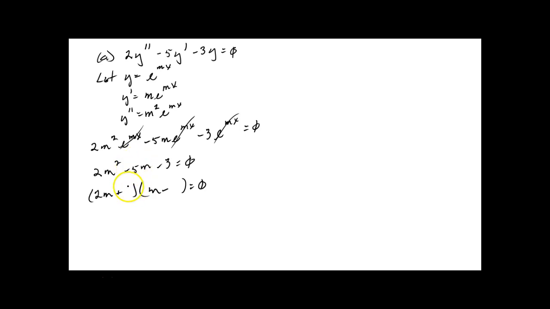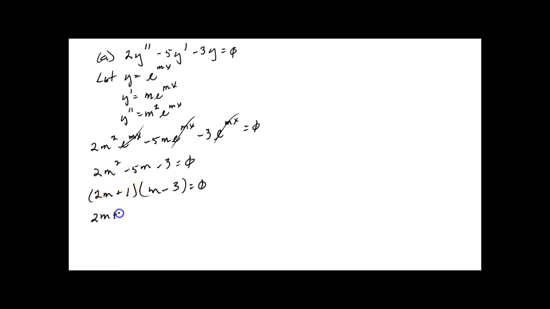So my guess is let this be a 1 and that be a 3. Let's see if that would work. 2m times m is 2m squared. That works fine. And then you get a minus 6m plus m is minus 5m, and minus 3. Yes, that works.